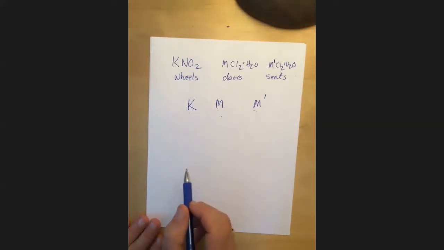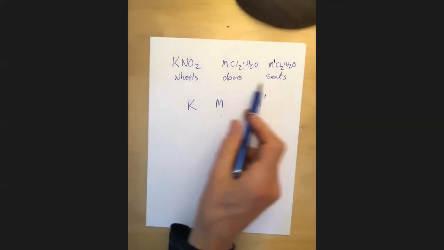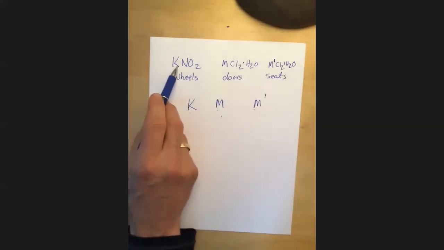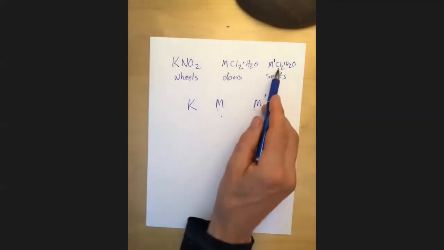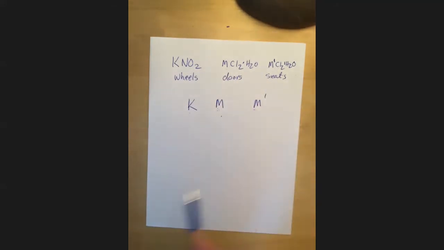So you're building a car with different numbers of parts. Everybody in the classroom has a different amount of potassium nitrate, a different amount of this metal chloride, and a different amount of this other metal chloride. And so it's going to force different compounds to form.